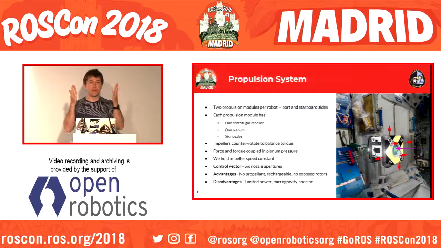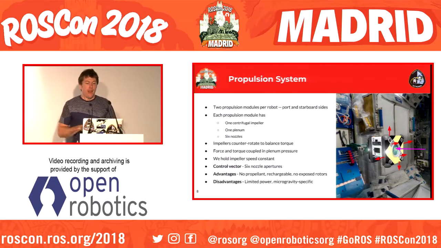They're actually servoed vanes. And the neat thing is that, like a quadrotor, I guess, the impellers counter-rotate to balance torque in the system. And for the sake of simplicity, we hold the impeller speed constant, and we just vary the nozzle apertures, and that's how we achieve control.